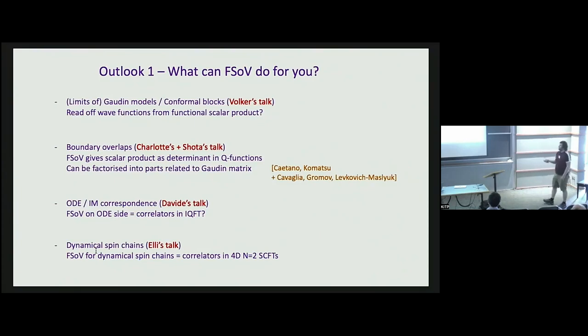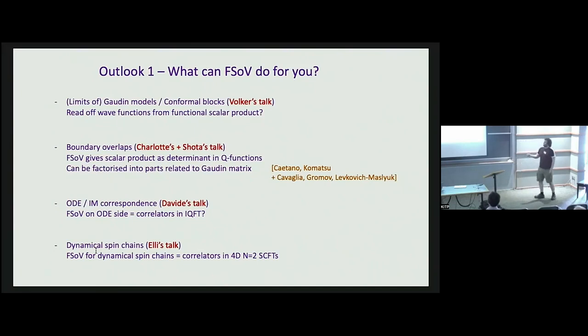Next, regarding Elli's talk, which I believe we'll hear about on Friday, it concerns the uplifting of all this to dynamical spin chains. So dynamical spin chains in the context of Sklyanin-type separation of variables were studied. I believe there are some papers of Nicolli and collaborators where they essentially carried out the Sklyanin procedure.